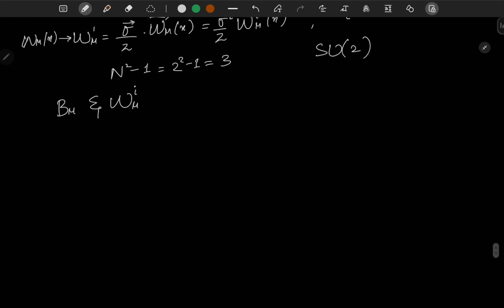Okay, so now let's see the infinitesimal transformation. For an infinitesimal transformation we can write U(L) just like we did in the case of QCD.